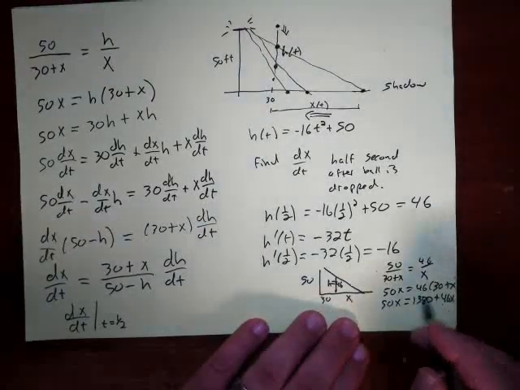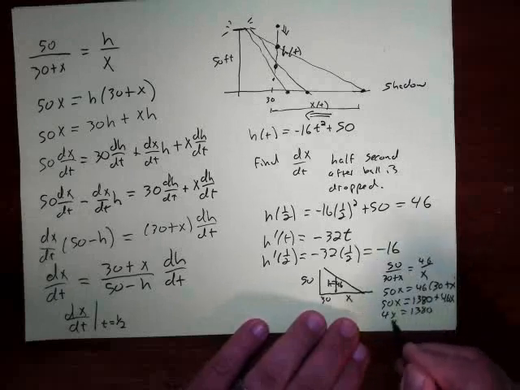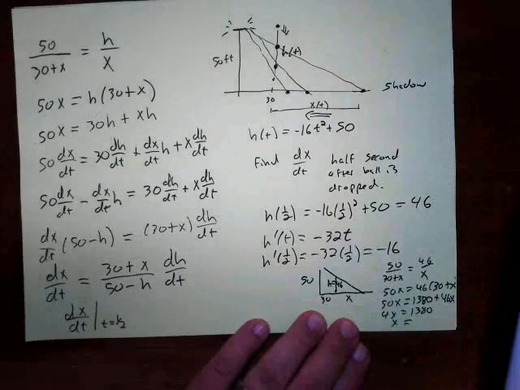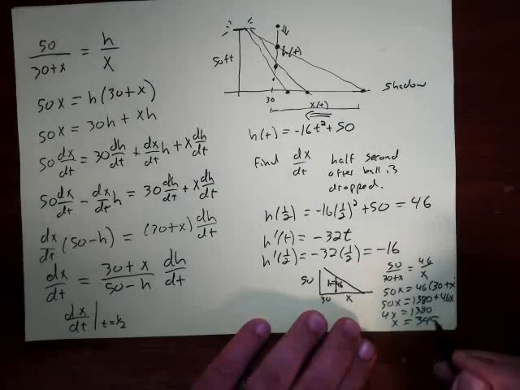And so then bringing the 46x over, I get 4x is equal to 1,380. And then I can solve for x by dividing that by 4, and this is 345.